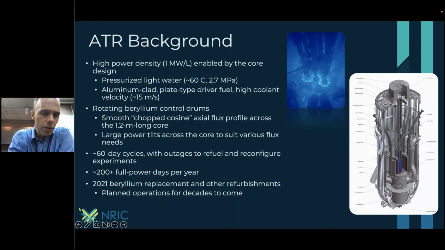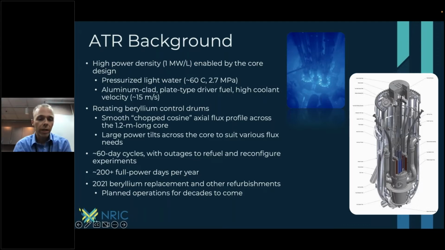Other remarkable features are a rotating drum type control mechanism that allows it to have a very smooth chopped cosine axial flux profile over its 1.2 meter long core. It's a pretty long core for a material test reactor. This control drum scheme also allows it to have a large power tilt across the core, so one flux trap can be running 3 times higher power than the other if needed.